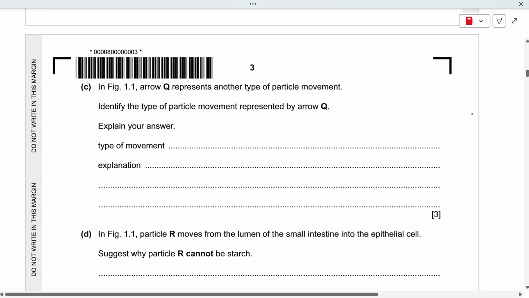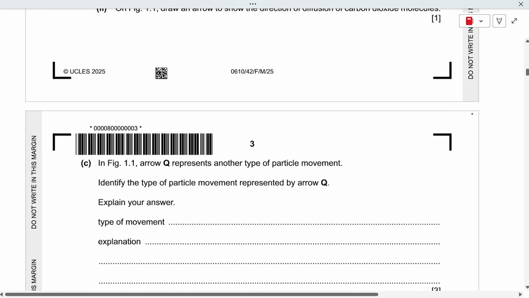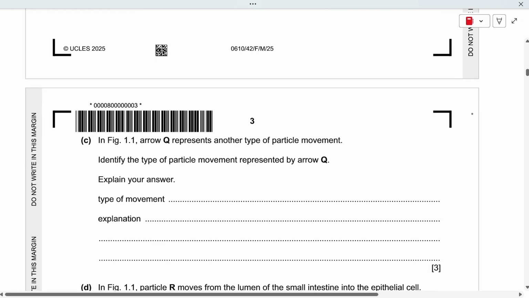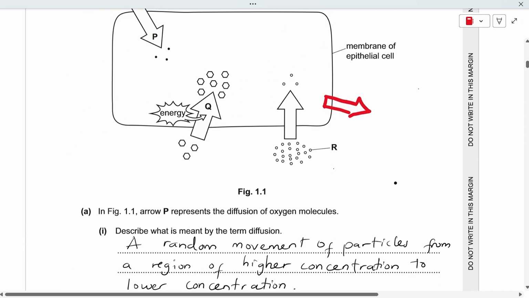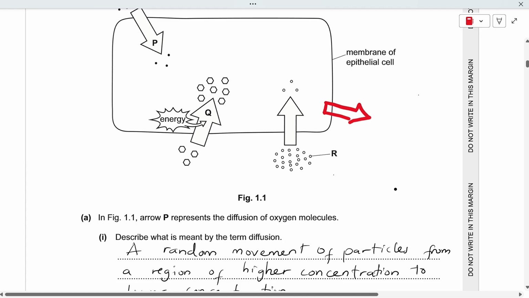Alright. Number 1C says, figure 1.1 arrow Q represents another type of particle movement. Identify the type of particle movement represented by arrow Q. So you can look at arrow Q to identify what type of movement it represents.